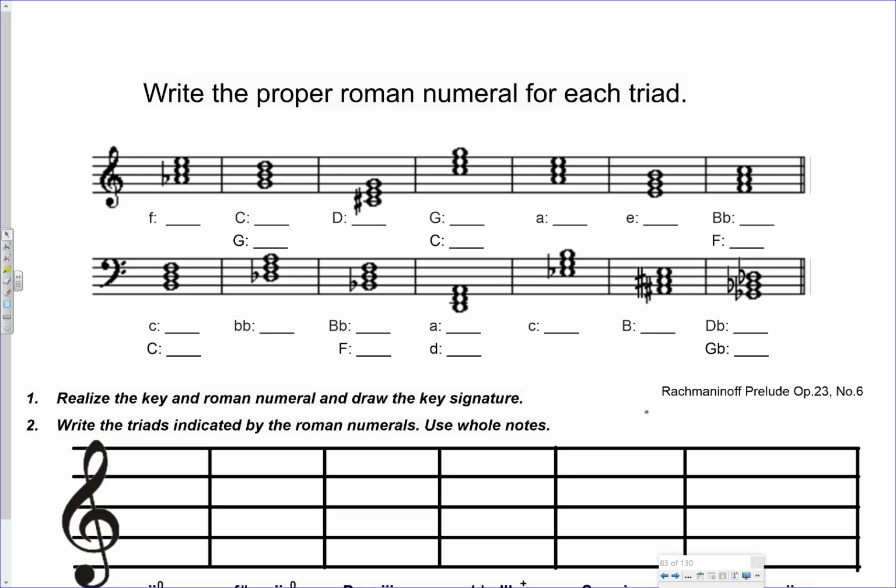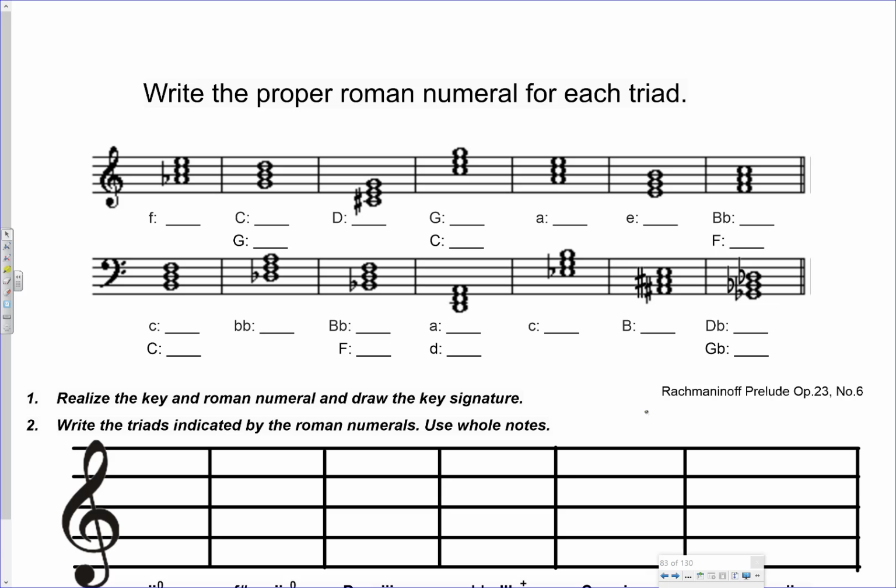Also recall that sometimes triads can exist in multiple keys. That is, common triads. That's why in the second example you see that that triad exists diatonically in both the key of C major and G major. Let's do the first one together.